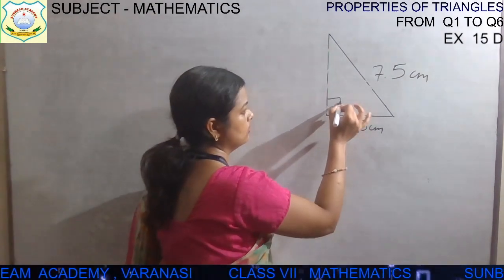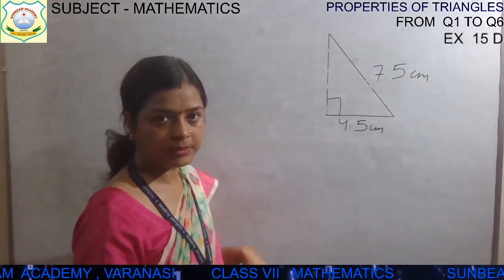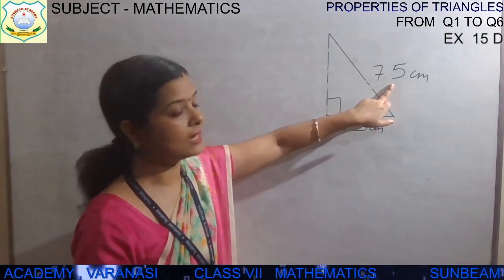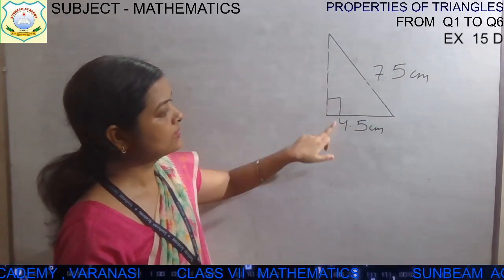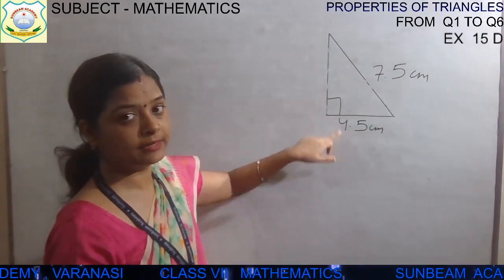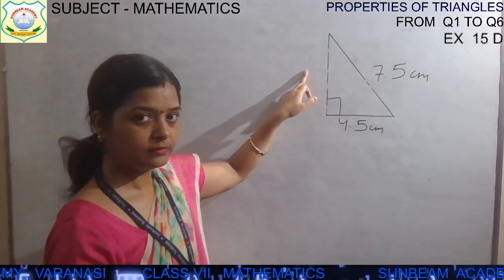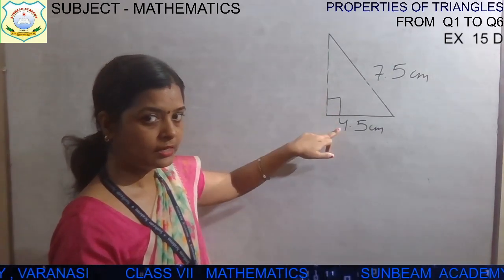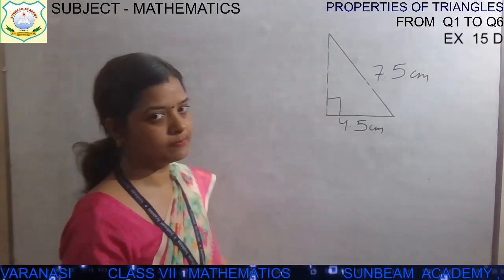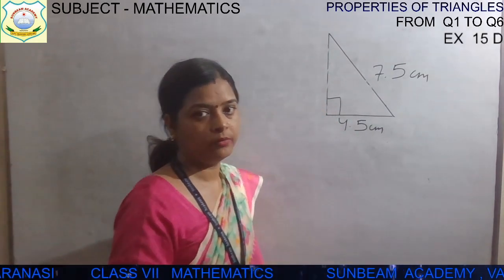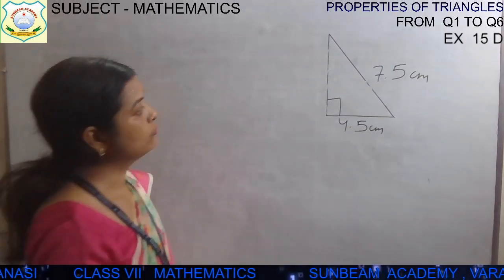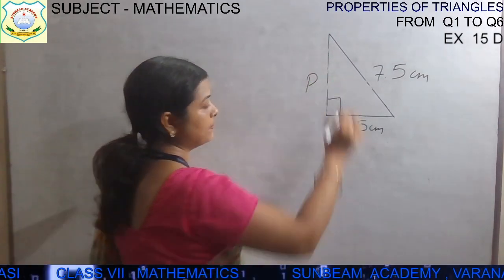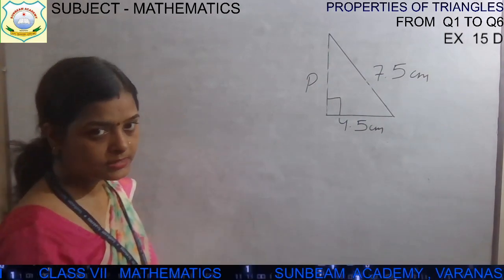So if it is a right angle triangle, the hypotenuse side is given and one of the legs is given. So take this or this, it's immaterial. Now we have to find this. Let's take it as the perpendicular side.